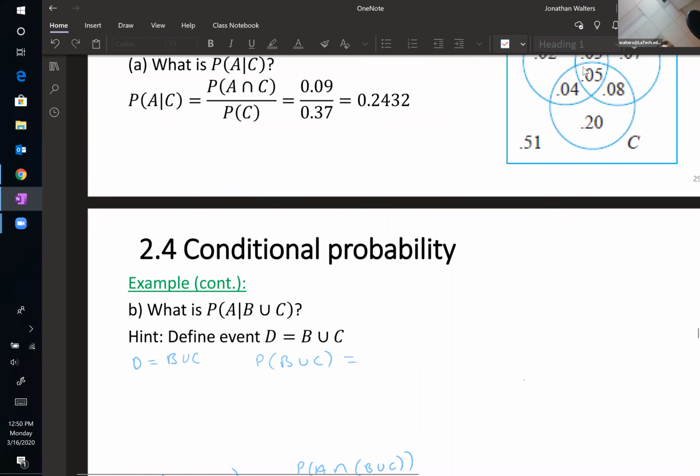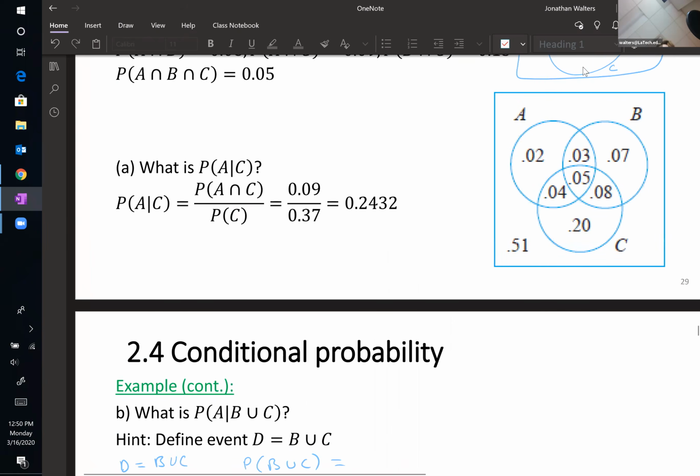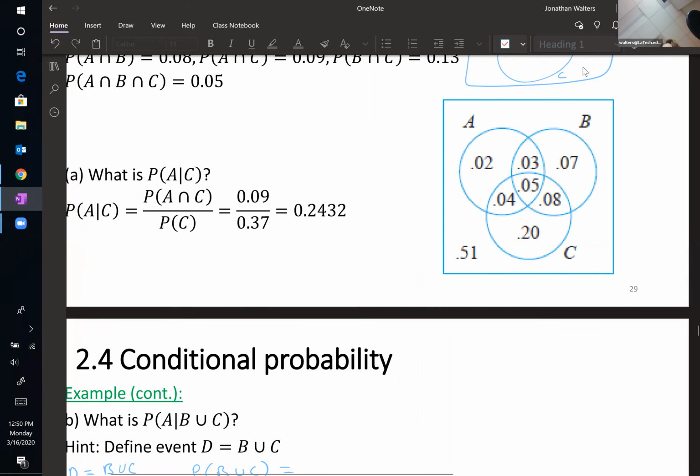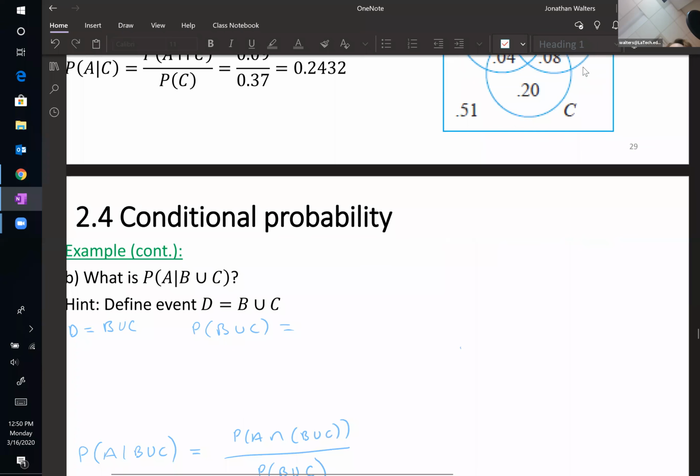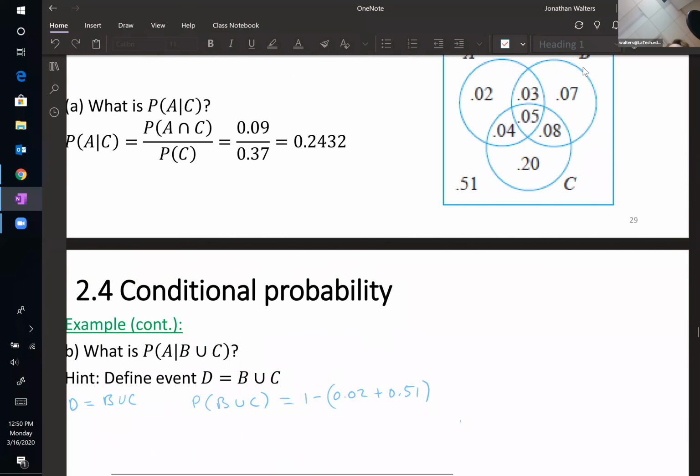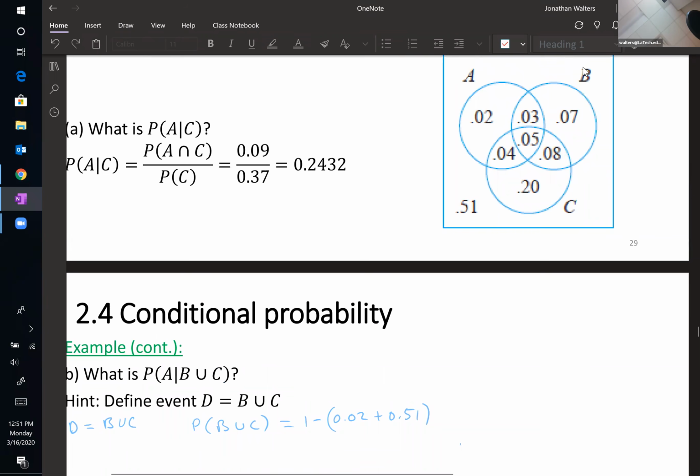So first we need probability of B union C. So probability of B union C is going to be, let's see, add all these numbers together. So basically everything right here. So B union C would be everything over here. I just shade it in.